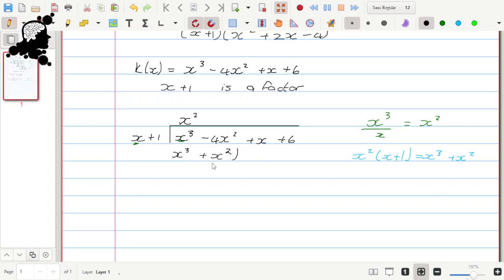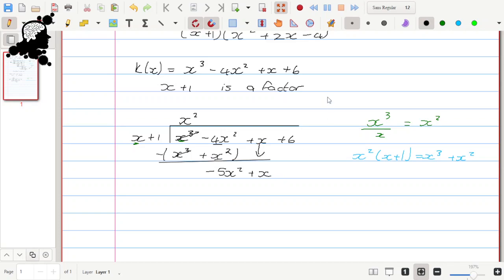The next step is we need to do some subtraction. So once again, introduce brackets with the negative sign, bring a line in. x cubed minus x cubed cancels out. Then negative 4x squared minus x squared is going to give us minus 5x squared. We bring down the x.